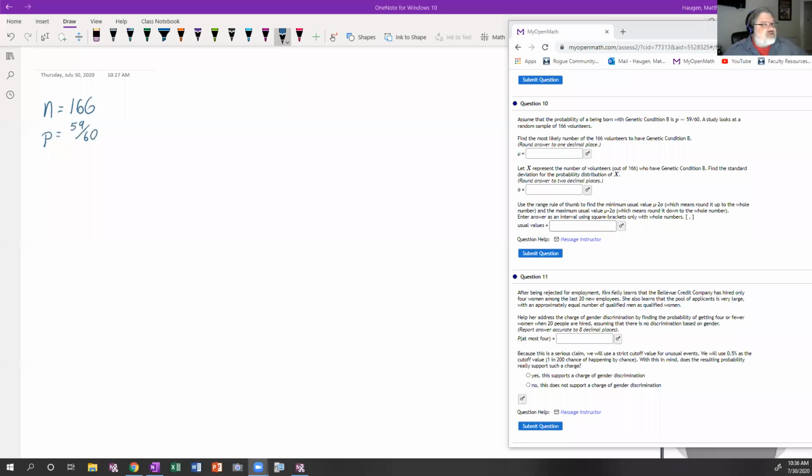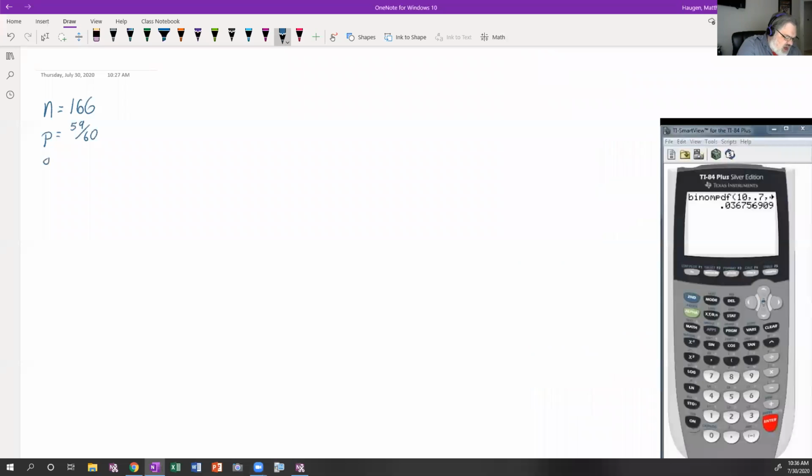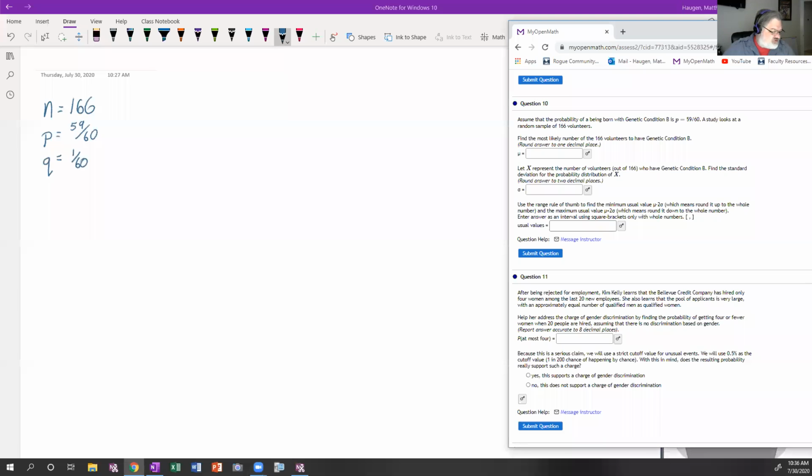Fractions, as hard as it can be, always carry more accuracy. Even if we need that Q, the other 1 out of 60, the fraction just makes it so much easier to work with. Depending on the amount of accuracy that the problem requires, it can make enough of a difference. Use the fraction, you'll be in better shape. Okay.